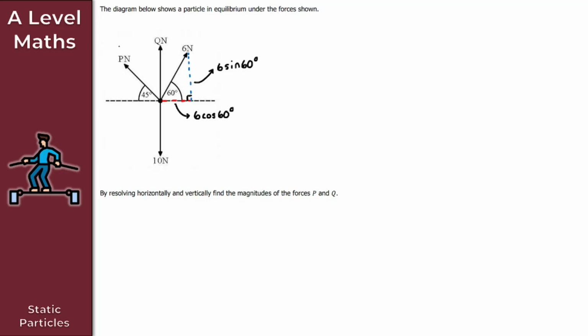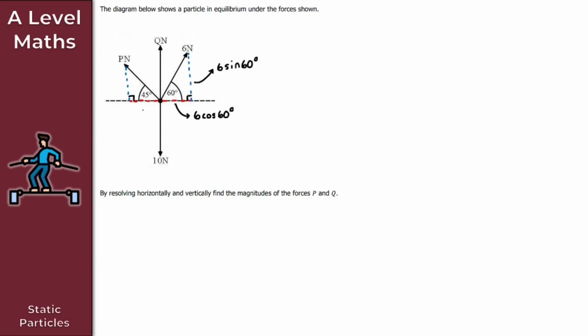We're now going to repeat this for the force of P newtons. Again, let's use our pen colors to show the horizontal and vertical components, red for the horizontal component and blue for the vertical component. Again, this forms a right angle triangle.